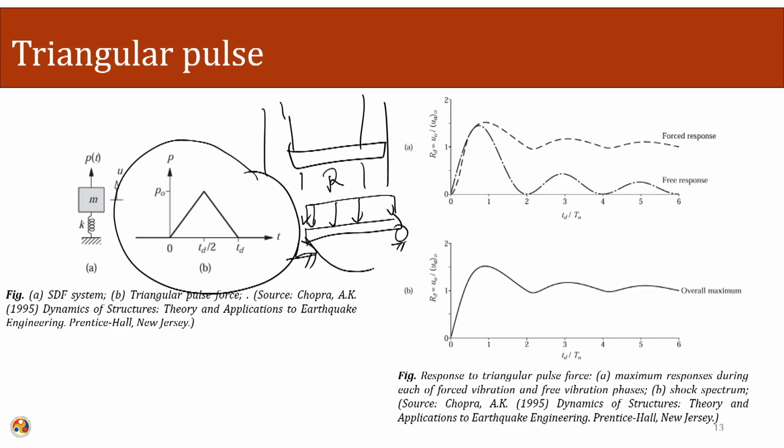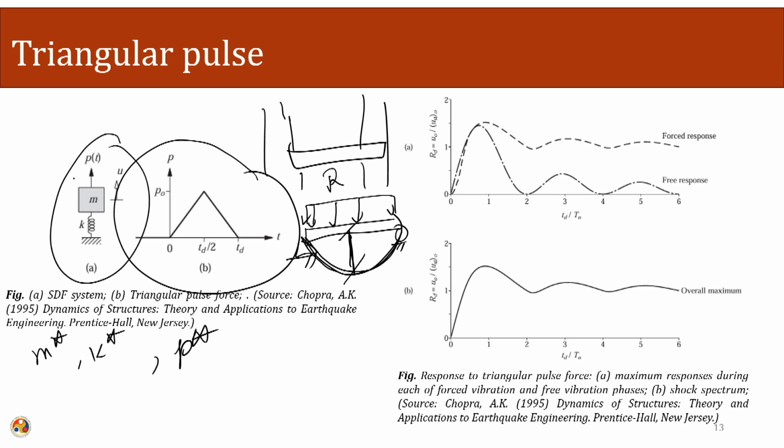We assumed that the maximum response is given by the first mode, and the maximum displacement occurs at the center. From there we calculated our m star, k star and p star. We made our equivalent system, and from the equivalent system we wrote down the equation of motion in two phases.